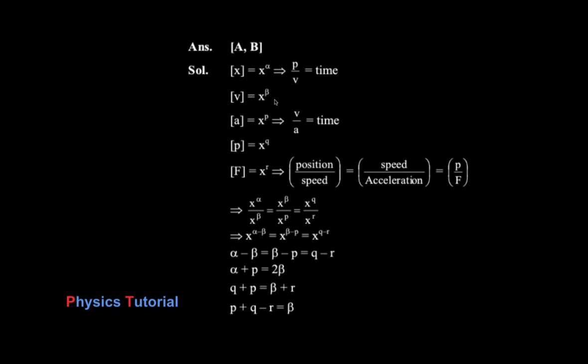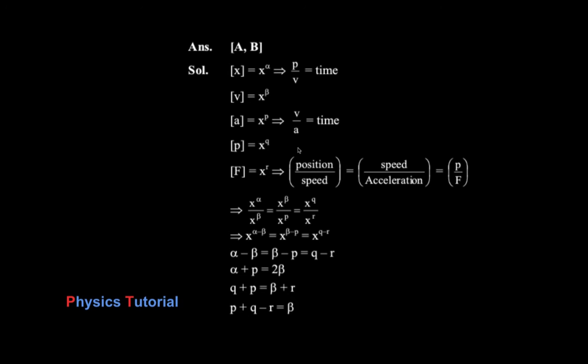V is velocity, x to the power beta, and for acceleration, x to the power p, it means v upon a, which means time. Then for x to the power q, that is momentum, and f, force, position upon speed, you can say speed upon acceleration, and for x to the power r, p by f.